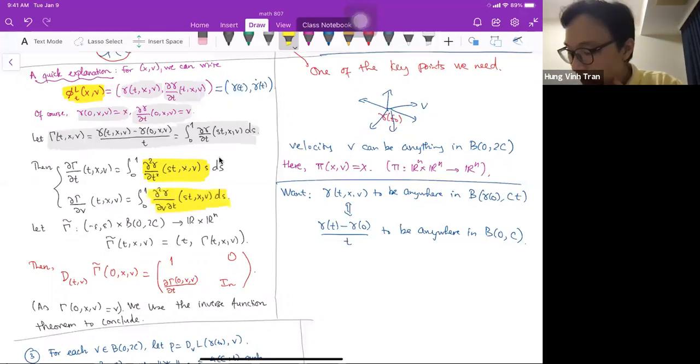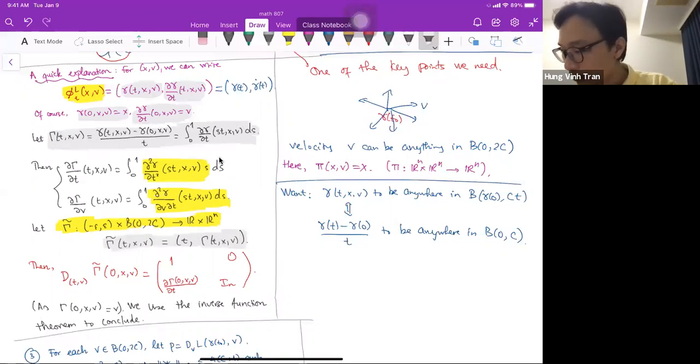Now, in order to record the whole thing with time and space, I need to define gamma tilde. And gamma tilde now also concerns time. So I let gamma tilde of t x v be t and gamma of t x v.